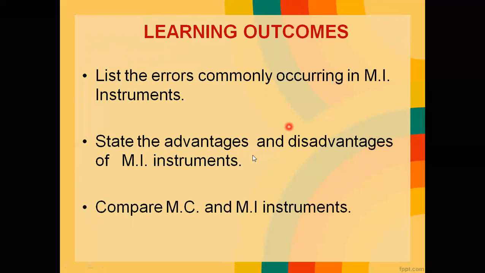They should be able to state the advantages and disadvantages of MI instruments. And they should be able to compare MC and MI instruments in various aspects. We have taken around 10 aspects here and compared MC and MI.